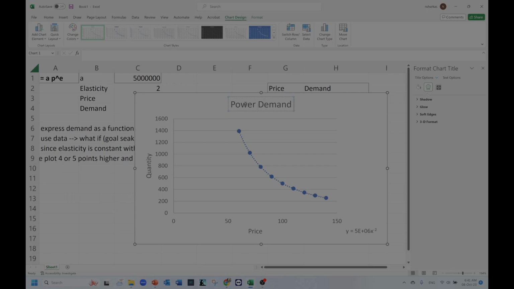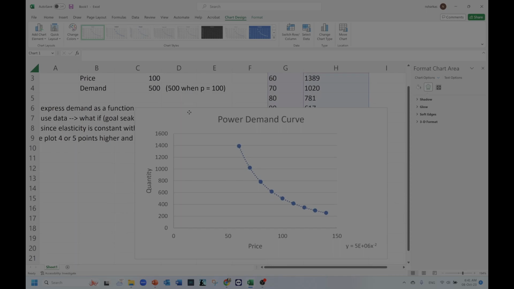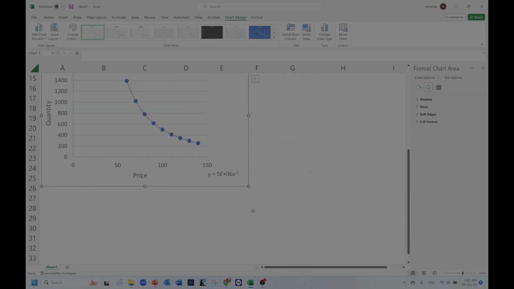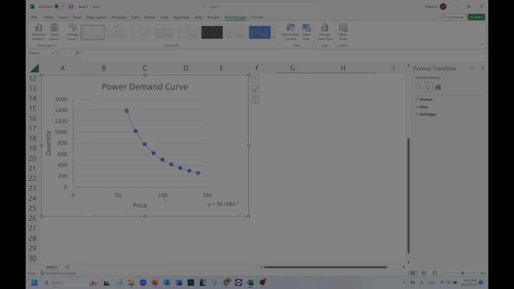So that is the power demand curve over here, and here is the expression of the equation, as you can see here. We've been able to actually plot a little part of it due to the fact that we know how much was the demand for a certain price. Yes, given that we also know the behavior.